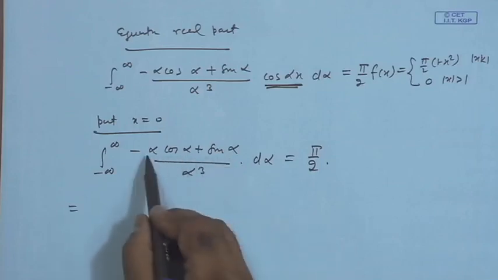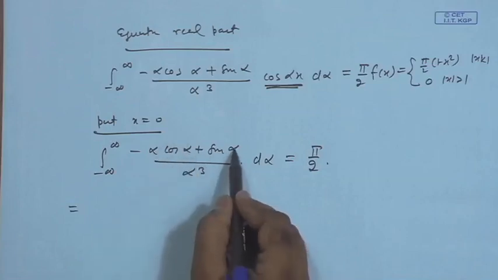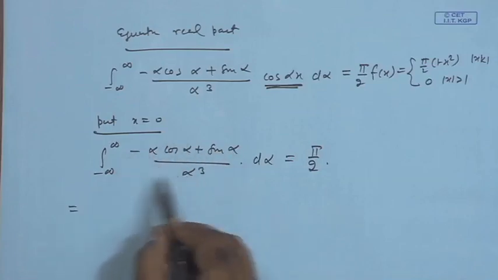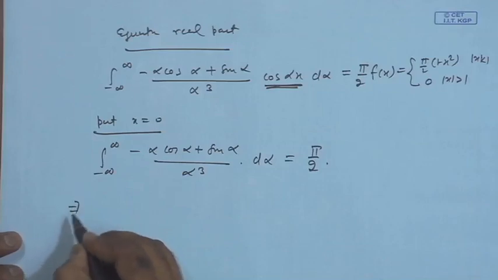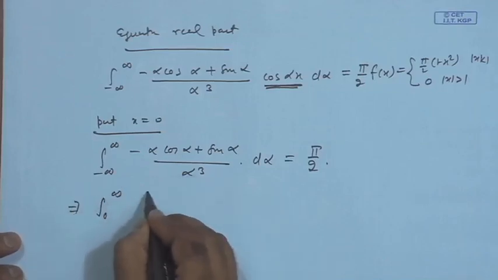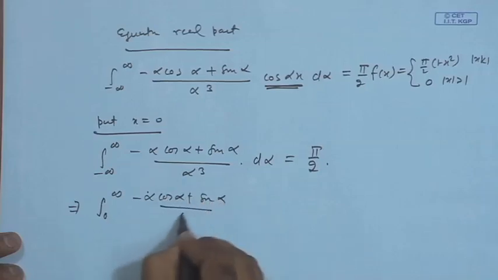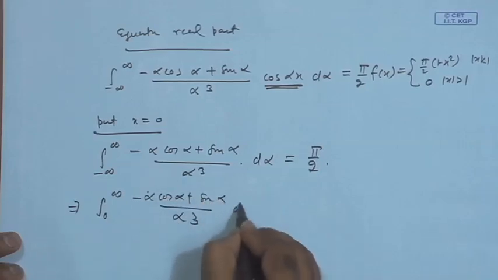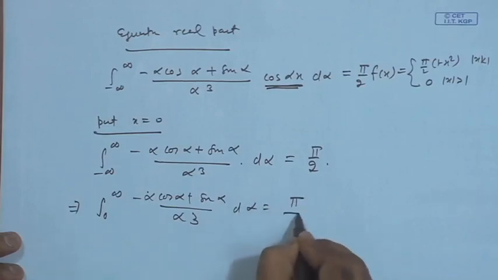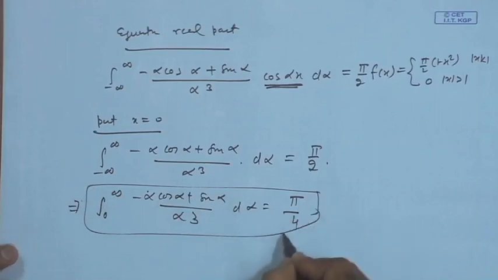If we put alpha to minus alpha, we will get the same value, because here we get minus and then minus here. So we have 2 times the integral from 0 to infinity of minus alpha cos alpha plus sine alpha over alpha cube d alpha. The value is pi by 4, because 2 will go to this side.